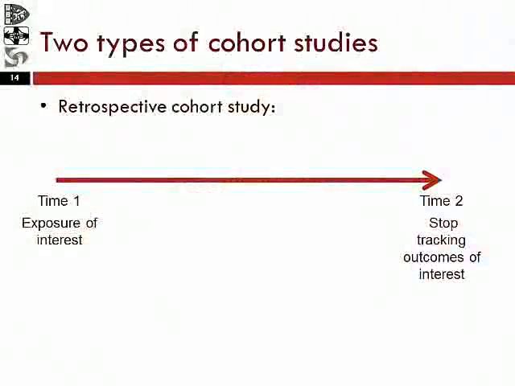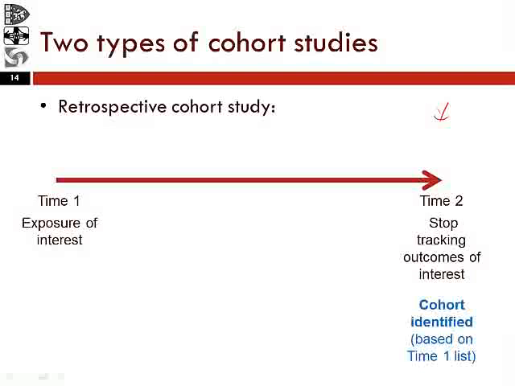Alternatively, I could have a retrospective cohort study. For a retrospective cohort study, I start at the end. And I look back in time and identify individuals from the past. So I start at the end and I identify individuals based on a list from time 1.